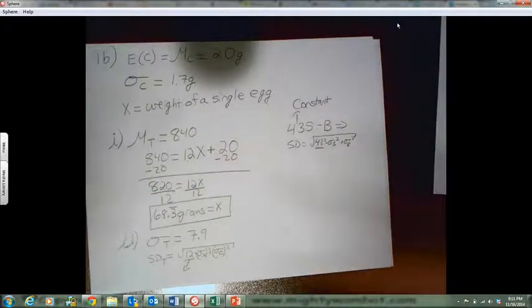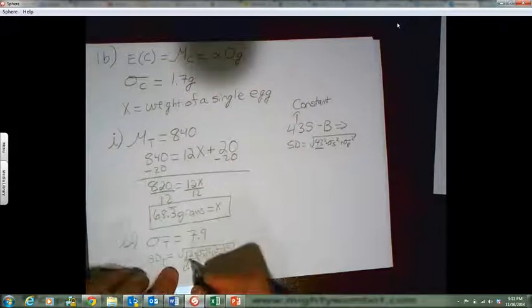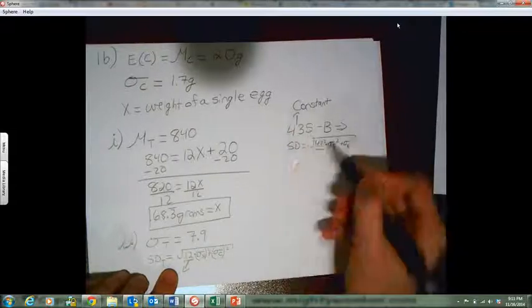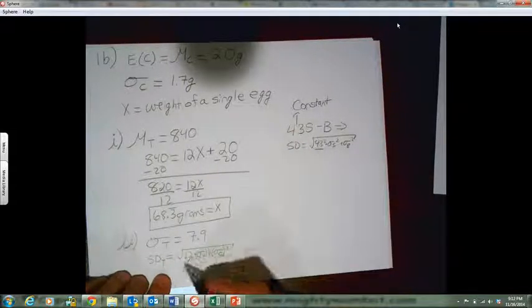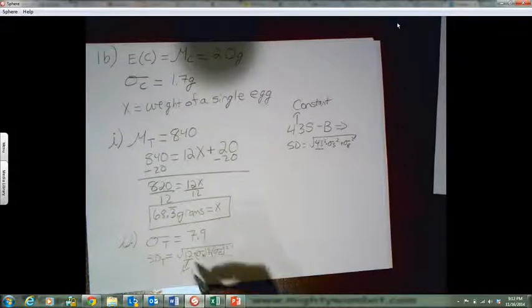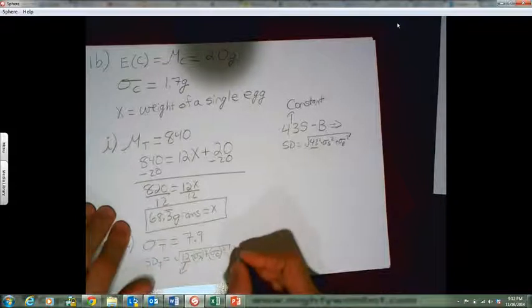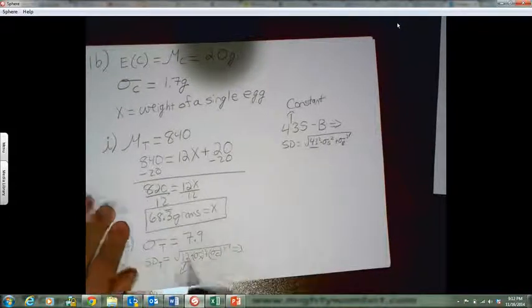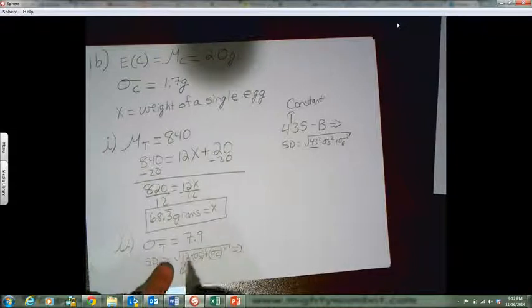This represents the 12 eggs. This here was a constant, 43, just multiplying by 43. We square the constants. We do not square this. I know it's a subtle distinction, a little bit weird and confusing. I read it tonight on a math forum, and I can explain it more in class. The bottom line is, we do not square this 12 because the 12 does not represent a constant.